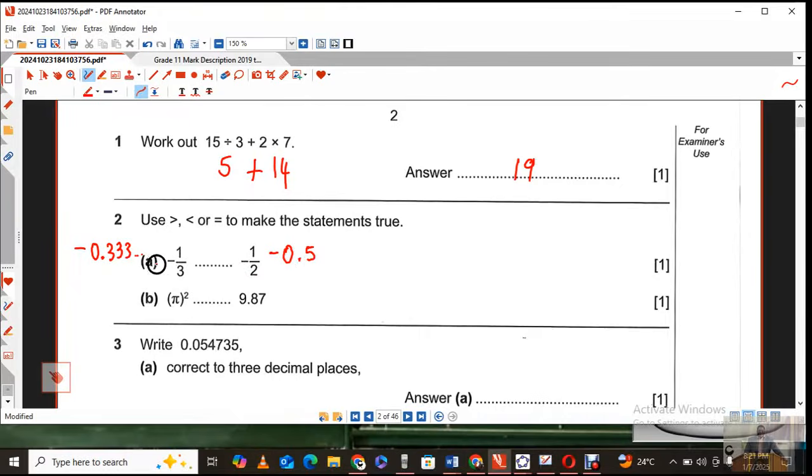Now, if you were to look and see which one is bigger than or smaller than, or whether they are equal, think of this as a number on a number line, so to speak.